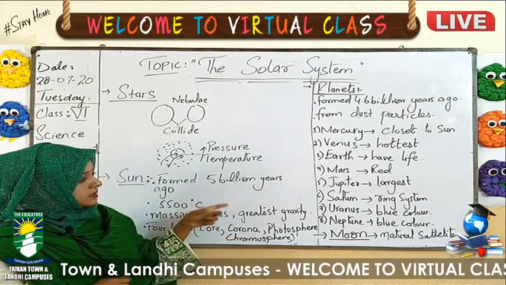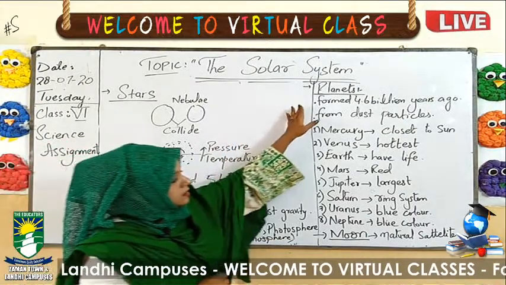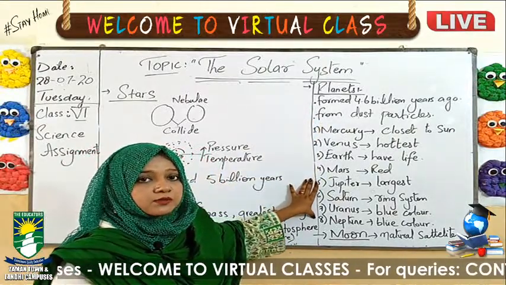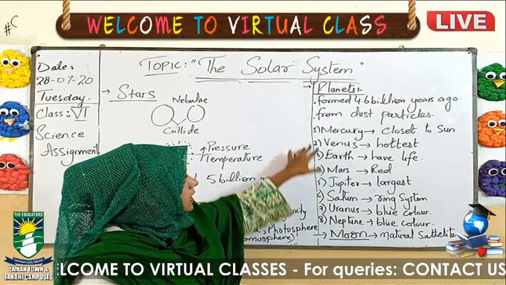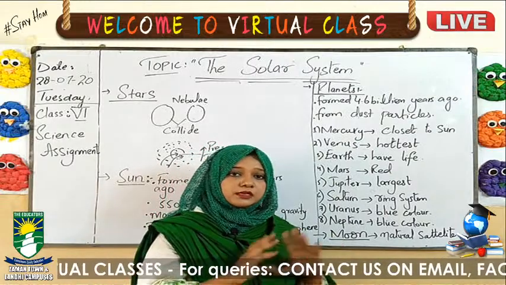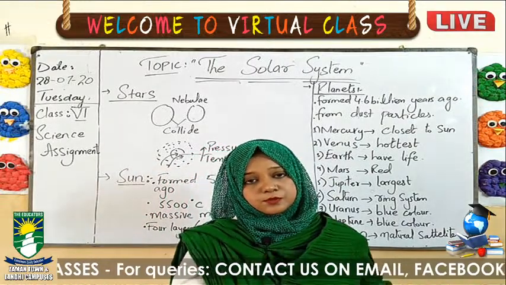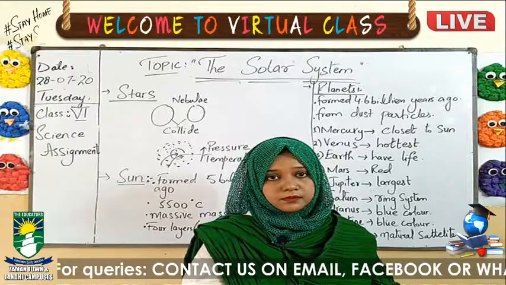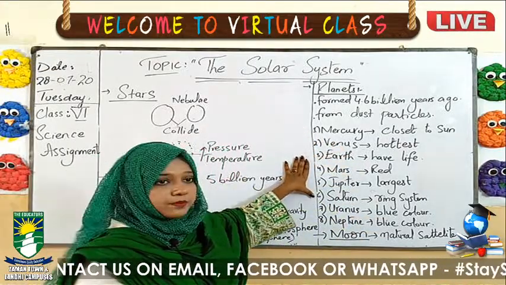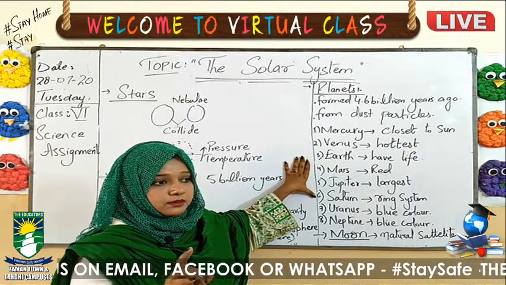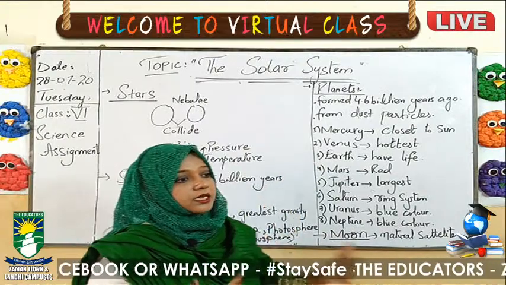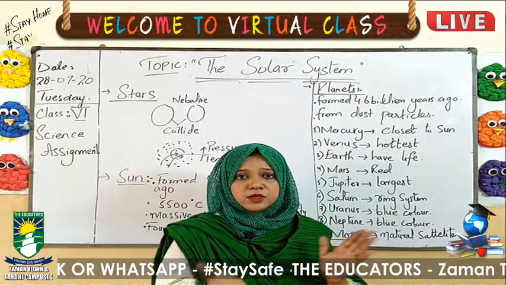Around this Sun, there are many different planets surrounding it in their respective orbits. How are these planets formed? These planets are formed from the dust particles of the universe, dust particles of space. There are 8 different planets, and the ninth one, Pluto, is now a dwarf planet, as it is thought that it has gone farthest from the Sun.